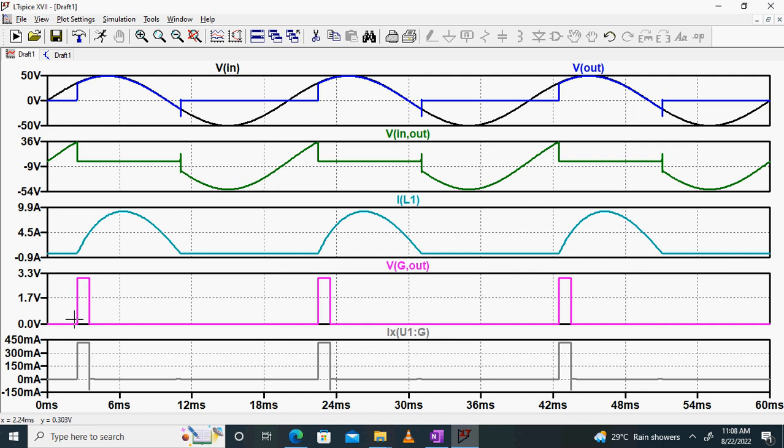So this is my firing angle. These are my gate trigger pulses, and as you can see, these gate trigger pulses are only active during the positive half cycle of the input, not during the negative half cycle, because in negative half cycle the SCR will be off. Okay. So these are the waveforms of a half wave rectifier with RL load.